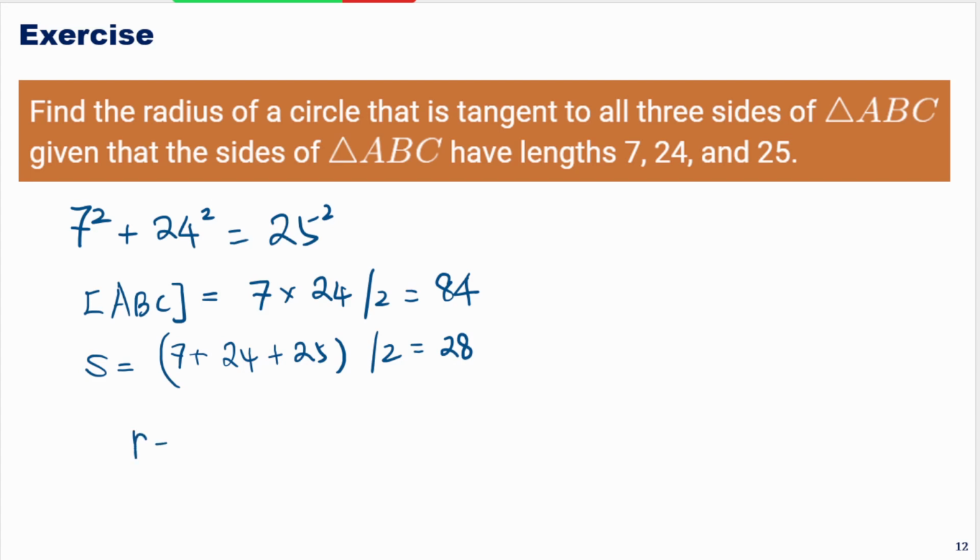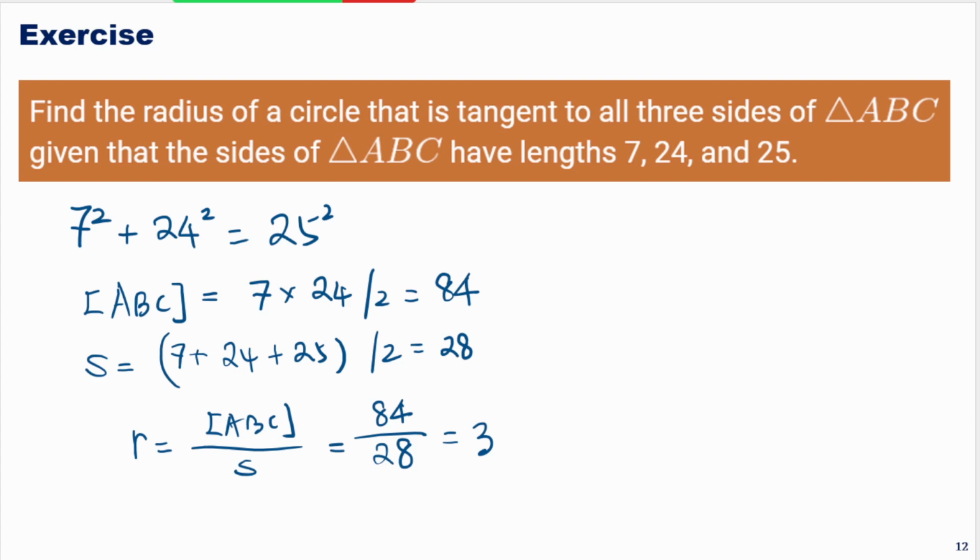Then the inradius equals the area of triangle ABC over s, which is 84 over 28, which equals 3, right? Right there.